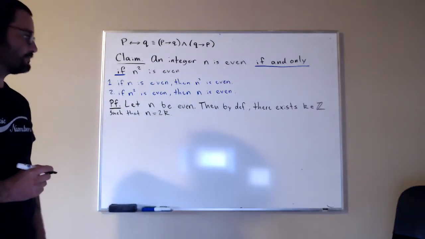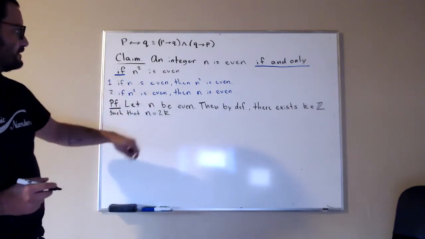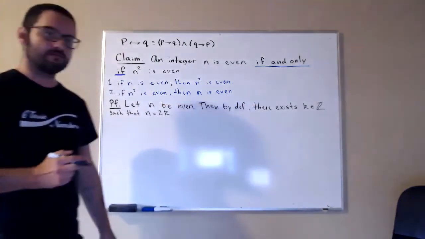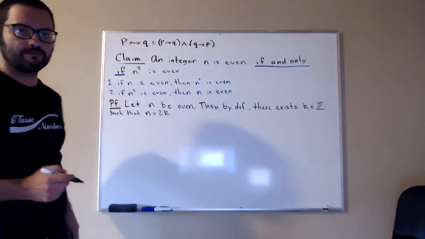Okay? So we assume the hypothesis of part 1, we recall the definition, and then we're going to do a little bit of algebra to show that the conclusion is true.